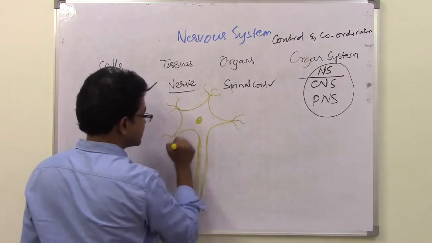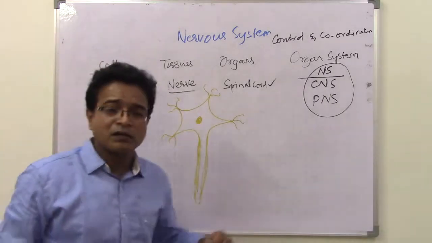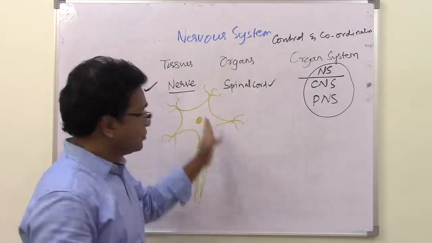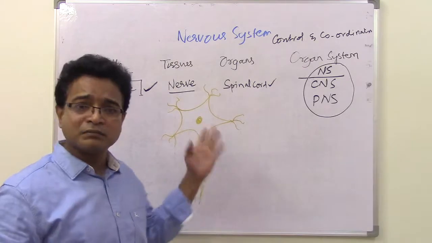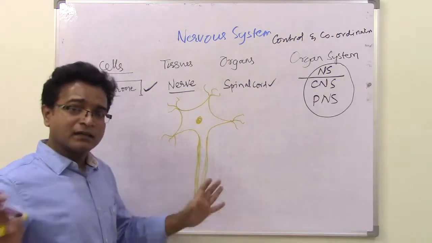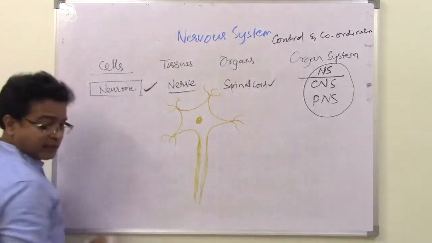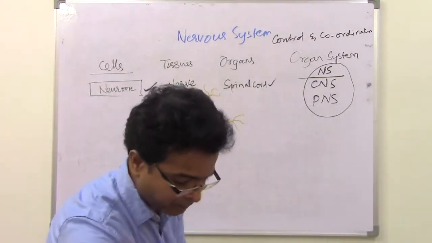So they are extensions of the cell body, just like any other cell. This neuron also contains nucleus, mitochondria, all these things it does have, and its function is just like any other cell. Only thing that it is capable of is generating an impulse.